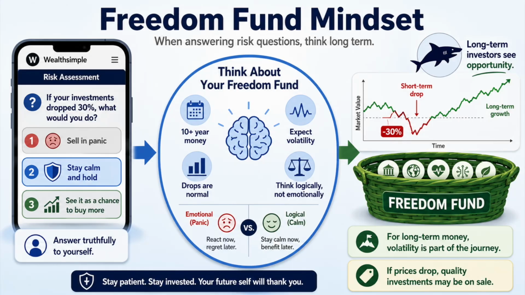Because historically, over time, it's been proven again and again that it keeps correcting and it keeps reaching all-time highs. The only question is how long will it take, historically speaking. So answer truthfully, whatever works for you. There's just a little bit of info added on that to think about.